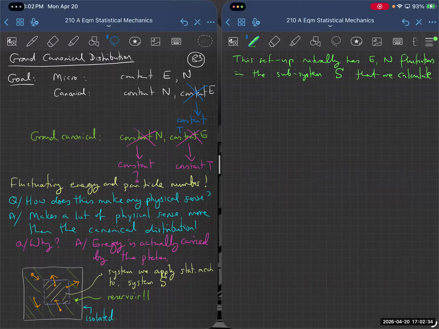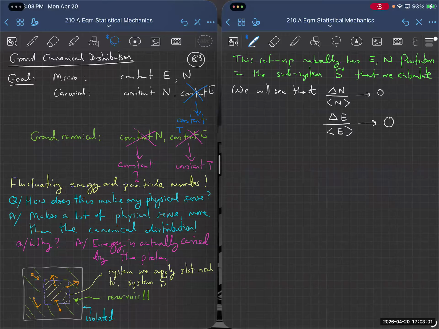So that's what it all means. And the point is, we will see that the fluctuations in particle number go to 0, just like the fluctuations in energy over energy go to 0.